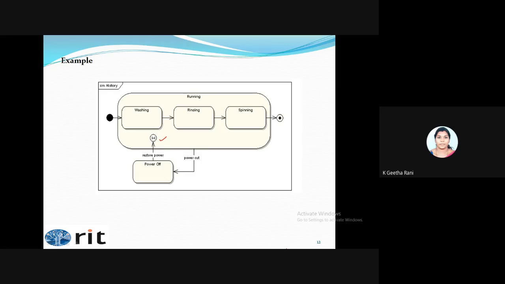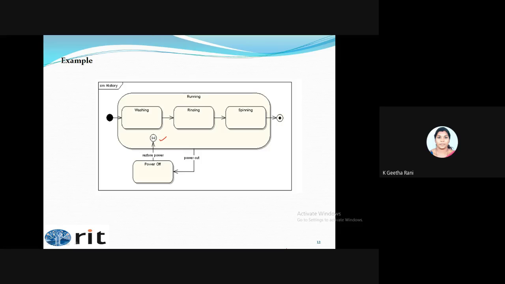So we will see some more examples in a later session. We have planned to take a case study. From that case study, we will be generating all the diagrams, starting from the use case to the class diagram, then your sequence, then comes your collaboration, then your state machine, activity and all those things.